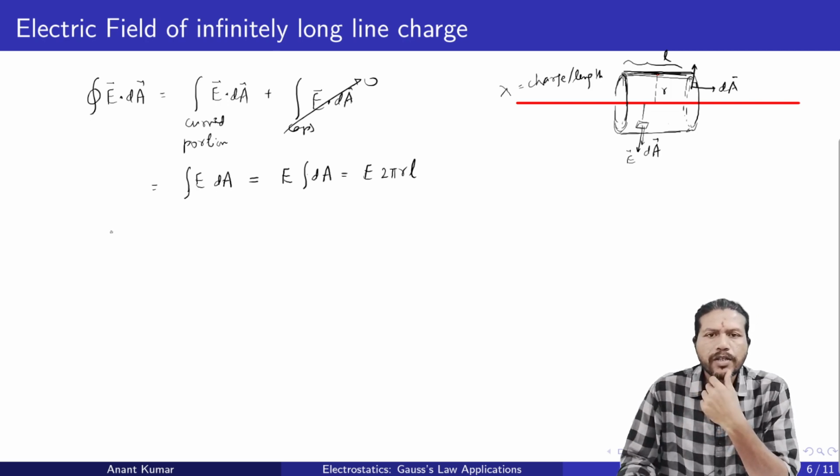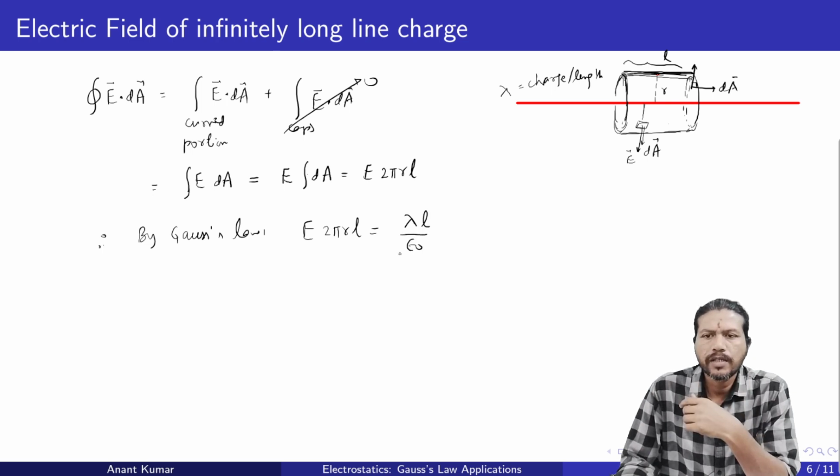Now if I look at the charge enclosed in Gauss's law, the flux E into 2 pi r L should be the charge enclosed divided by epsilon naught. Now, the charge enclosed in this case is what? It is basically the charge per unit length multiplied by the length. That is the charge which is inside the Gaussian surface.